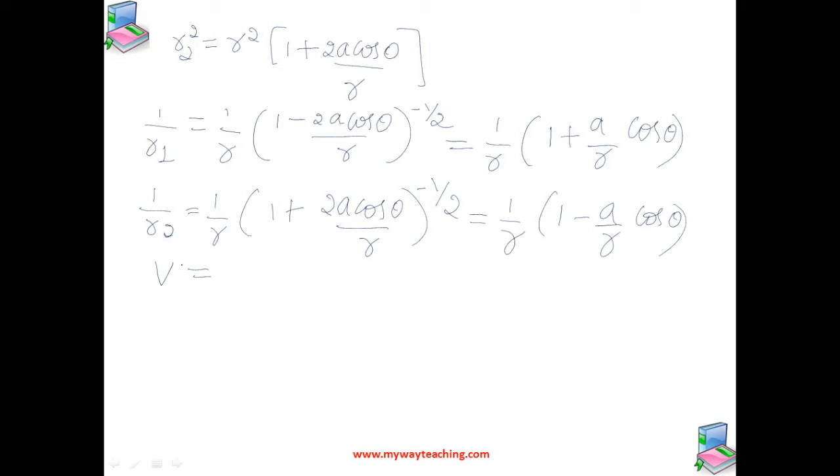Using the equations of these two above and the one we studied before, V is equal to Q by 4 pi epsilon naught R, we get Q by 4 pi epsilon naught 2a cos theta by R square.